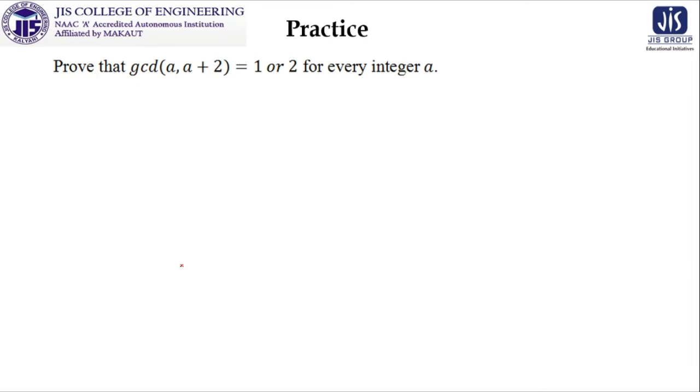So what is given? Here we have to prove that the GCD of A and A plus 2 will be 1 or 2. First of all, I want to mention one thing: if the GCD is 1 or 2, it means that the GCD, suppose D, will divide 2.